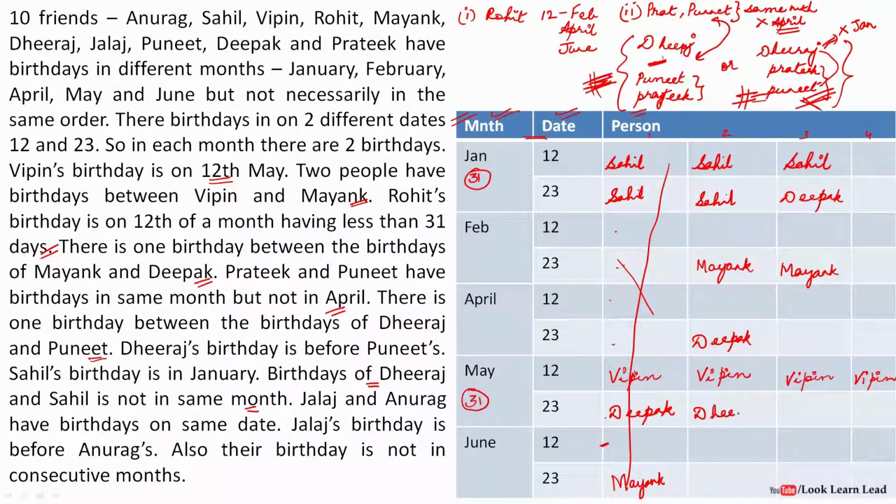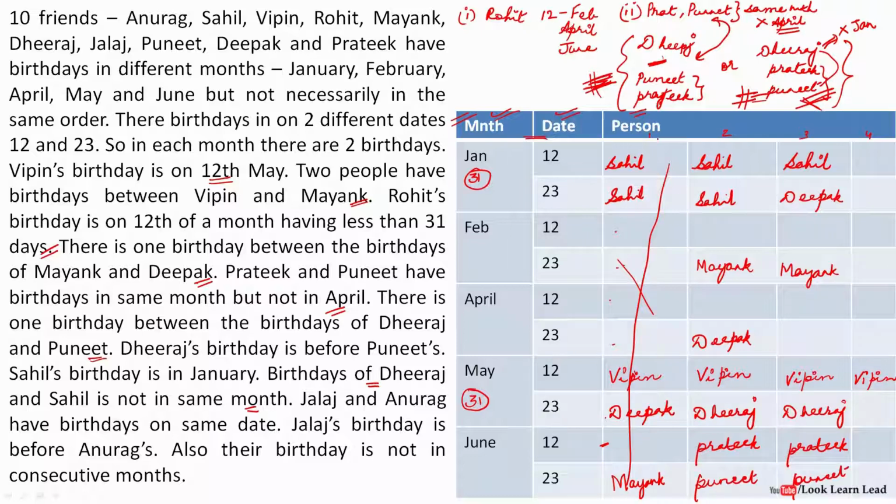Dheeraj over here, Prateek over here, and Puneet at last. Similarly here also we can put Dheeraj over here, Prateek over here, and Puneet at last.